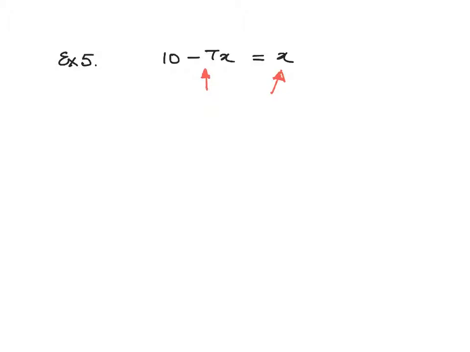If you think about a number line, 1 is here and minus 7 is down here. Minus 7 is further to the left and therefore the smaller value. So what we're going to do is to gather the letter terms onto the side which has the greater number to start with, and that is the right hand side. So I'm going to add 7x to both sides.